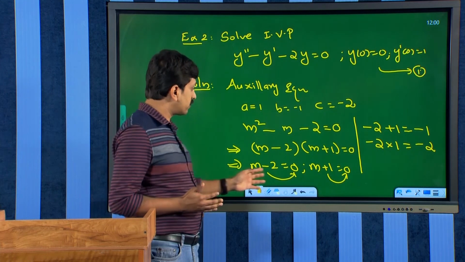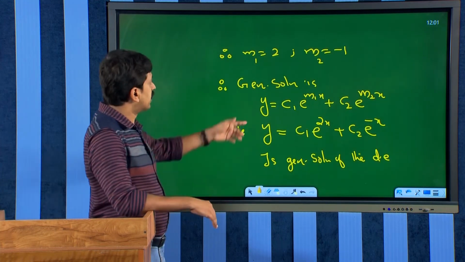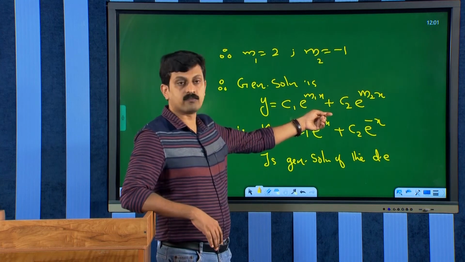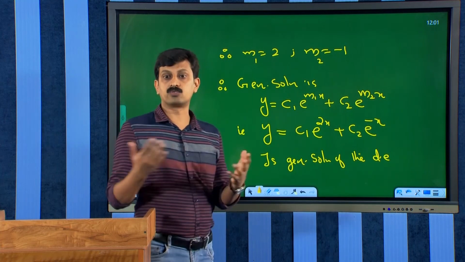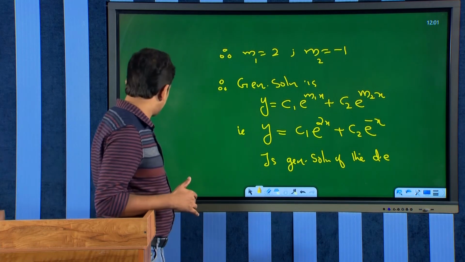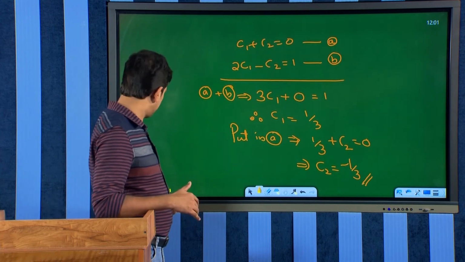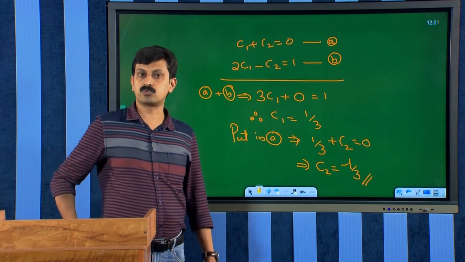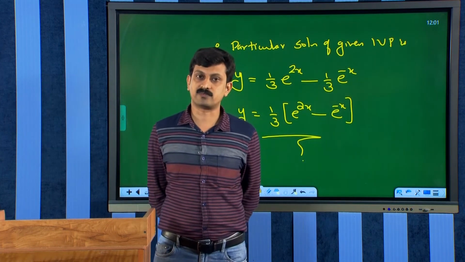If the roots are real and distinct, the general solution is C1 e raised to m1x plus C2 e raised to m2x, where m1 and m2 are the two real and distinct roots. If the problem is an initial value problem, we can find the particular values of C1 and C2 and have a particular solution for that differential equation.